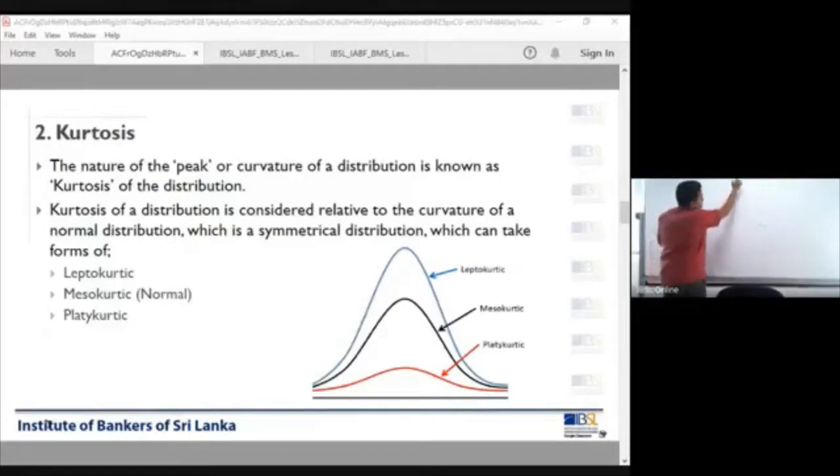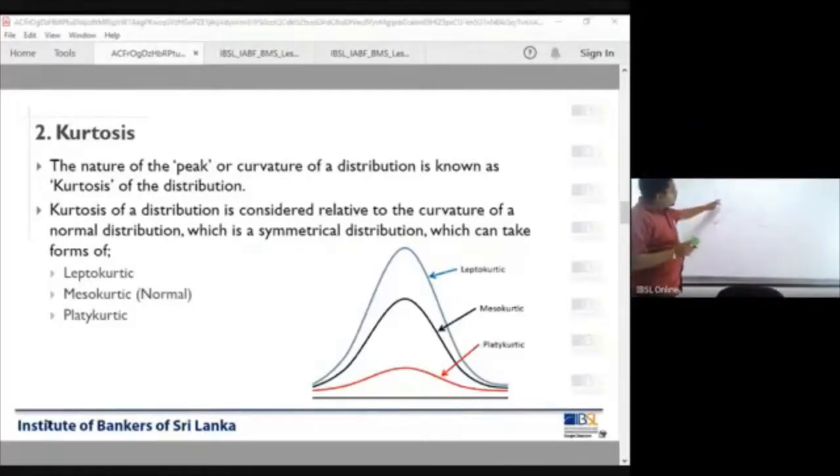Sorry, so the peak is somewhere over here. This would be the third nature which we could discuss. Okay, so in the notes I have said that now we are going to compare 1, 2 and 3 relative to a normal distribution.